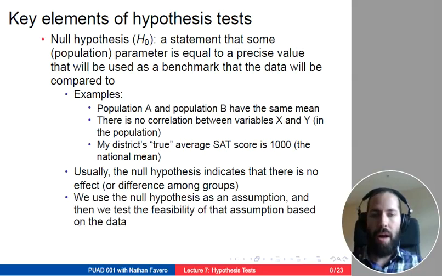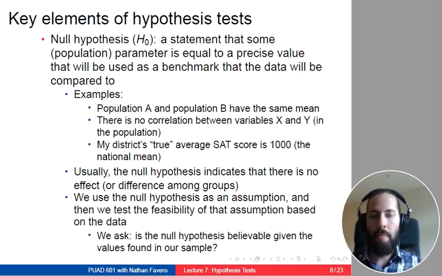We use the null hypothesis as an assumption, technically, and then we test the feasibility of that assumption based on the data. That's the way that statisticians use null hypotheses when they're creating equations to be able to let us generate a p-value. But that's a little bit of a technical explanation of what the null hypothesis is.